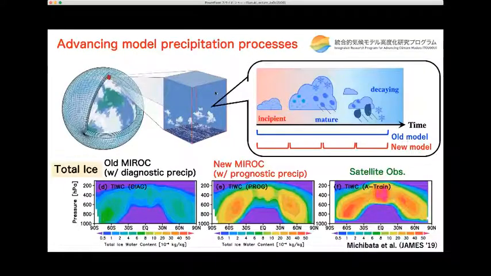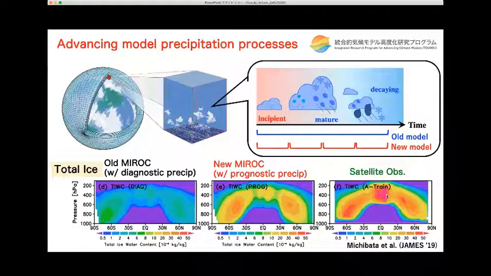And here is another example of our recent model progress, improving the precipitation processes, again using the satellite observations. Our new prognostic precipitation modeling can represent a better picture of the total cloud ice distribution over the globe that's closer to the satellite observations.